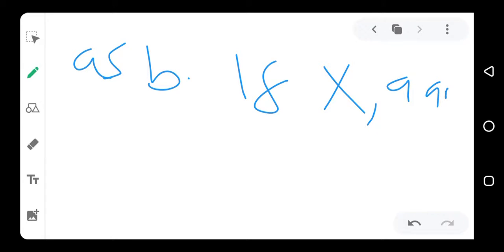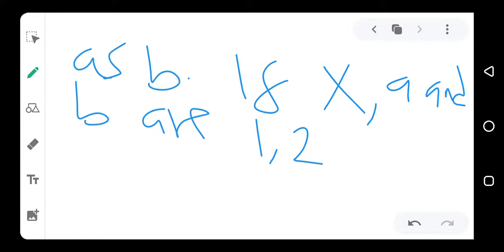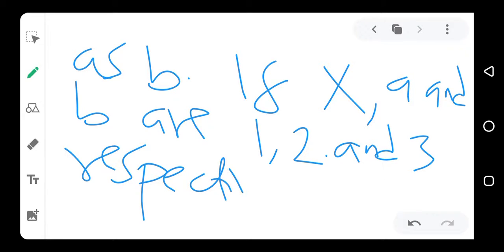If x, a, and b are 1, 2, and 3 respectively.